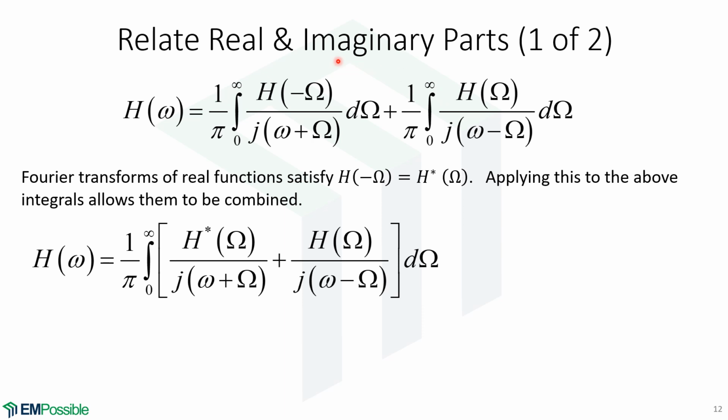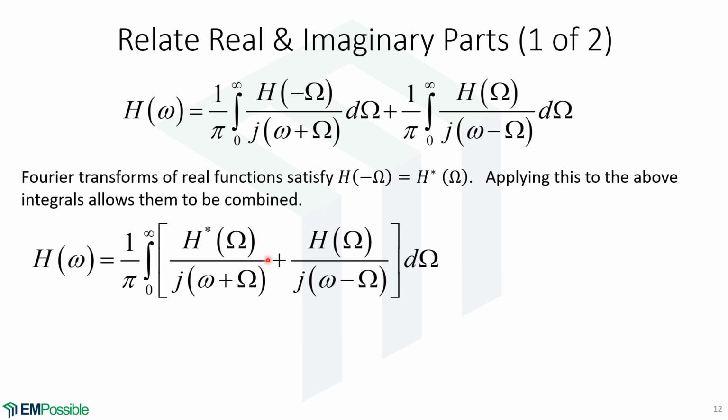So we're going to combine these integrals. Then we're also going to apply the symmetry condition, and that's where we have this. We have h at minus omega, so we're going to write that now as a positive omega, but with a complex conjugate. Now we have 2 terms here with 2 different denominators, and we would like to combine these.